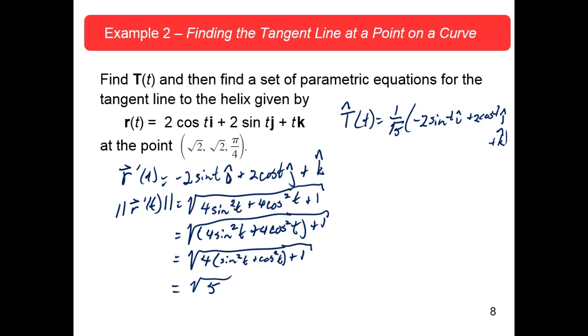Okay, so now that we know that, we can give the unit tangent vector at that value t. All right. And that's exactly how they did it. So the unit tangent vector at t equal to pi fourths will be 1 over root 5 times... Now you tell me what the vector is there.